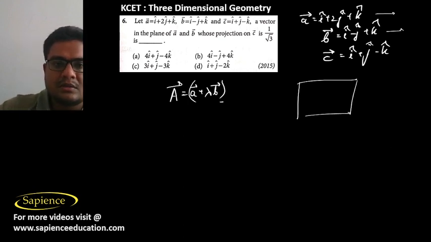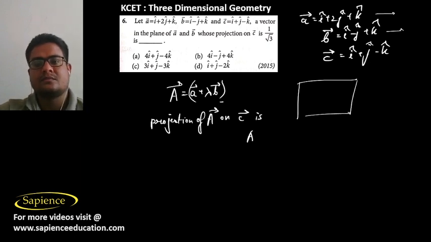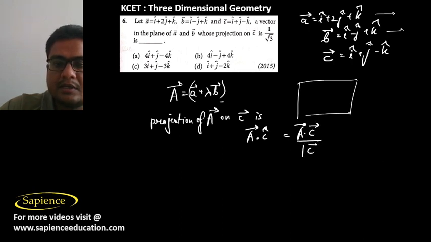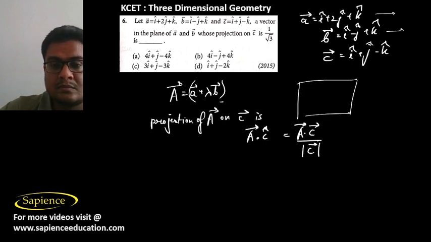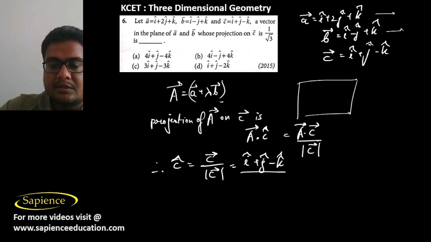So it means that the projection of the vector on the vector C is the vector dot C cap, which is equal to the vector dot C vector divided by the magnitude of C. Now C cap is equal to C vector by magnitude of C, which is i cap plus j cap minus k cap by the magnitude of C, that is square root of 1 plus 1 plus 1, that is square root of 3.